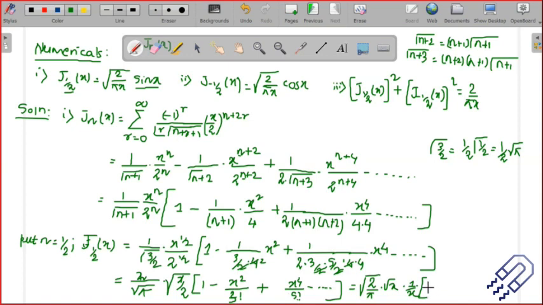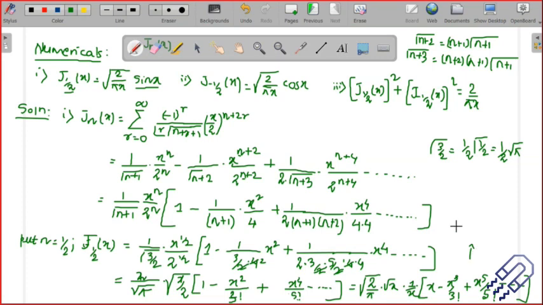If I take one x inside, this would be x minus x cubed by 3 factorial plus x to the power 5 divided by 5 factorial minus and so on. This is the sine series, so please don't get confused here.